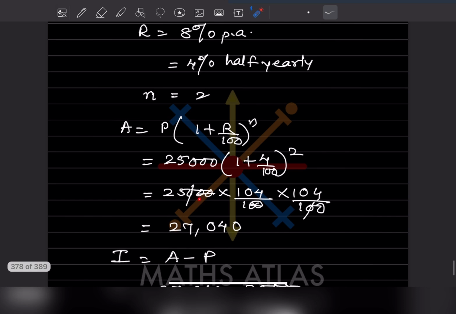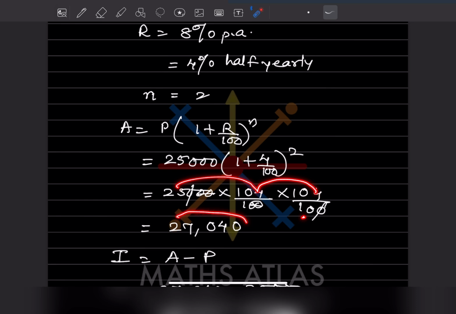Now 25,000 into, when you add it, 1 plus 4 by 100 means 104 by 100 into 104 by 100. The zeros get cut. So you can do one thing, multiply this and divide by 10.